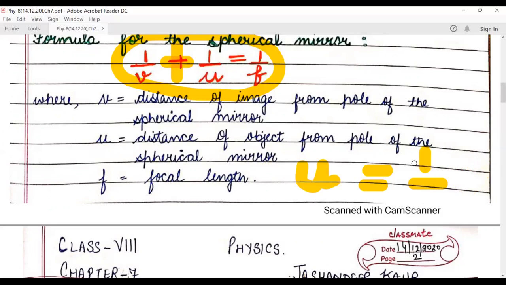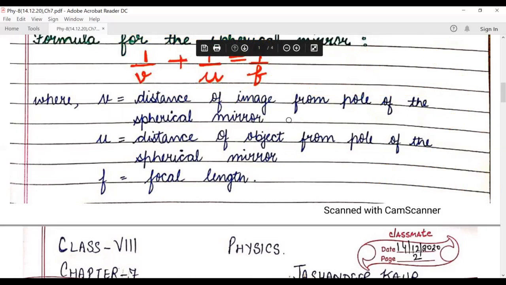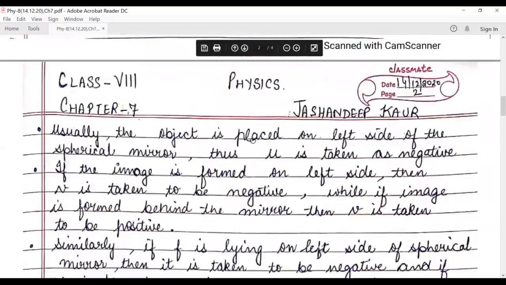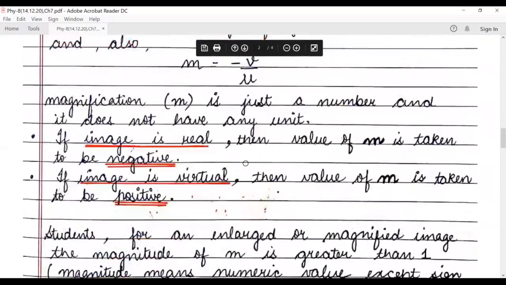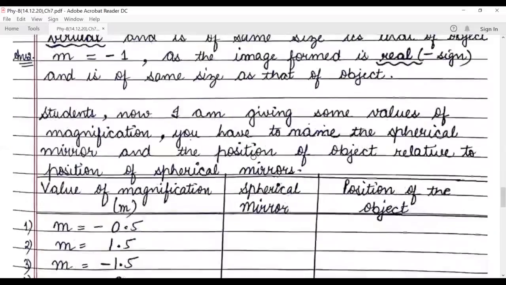We'll be taking minus U. Why? Because the object is always placed on the left side. So students, 1 by V plus 1 by U is equal to 1 by F will be written as the mirror formula. And the numericals of this topic will be done next week.